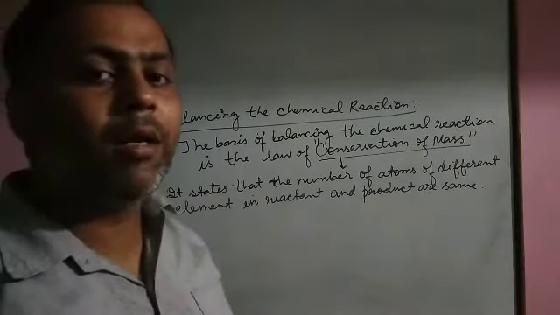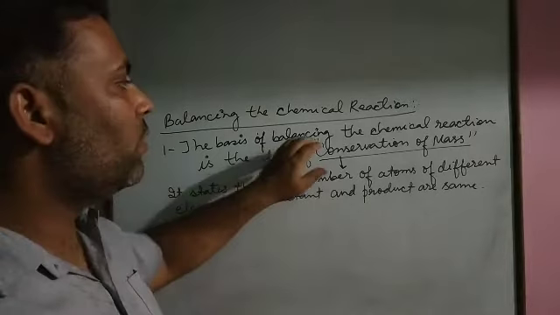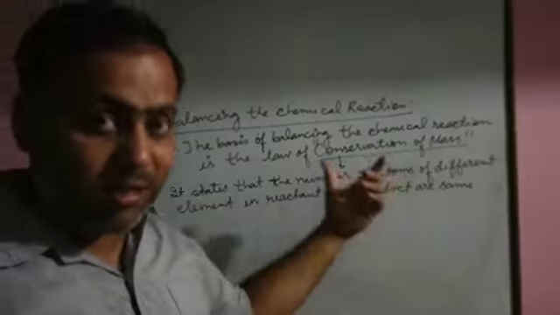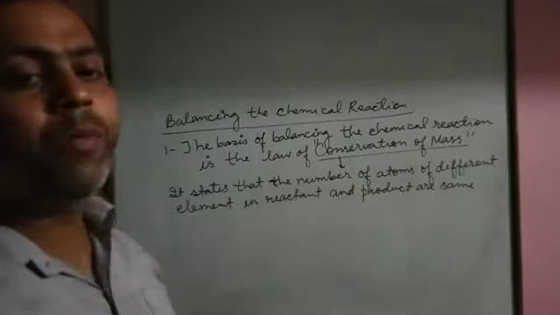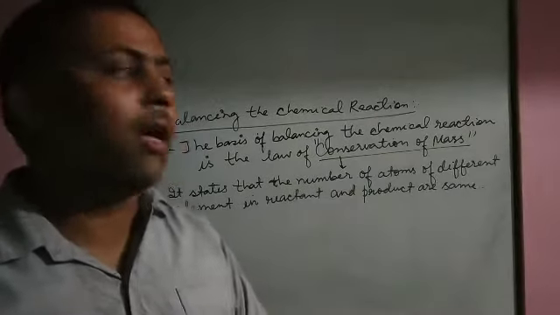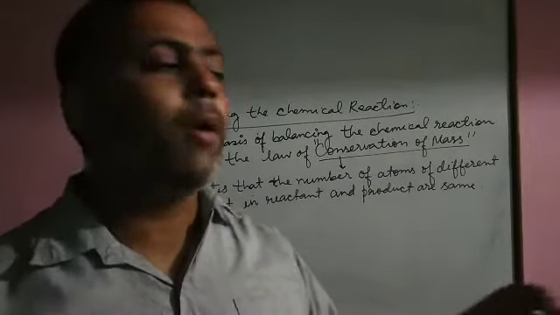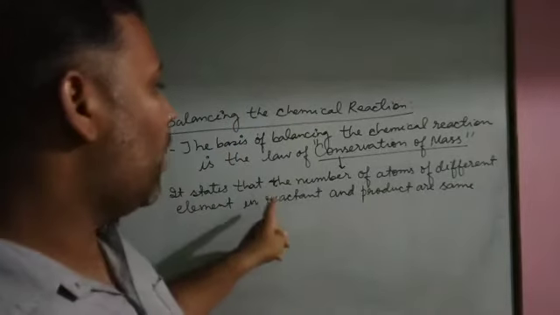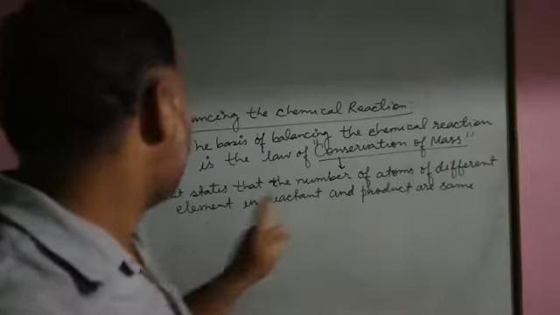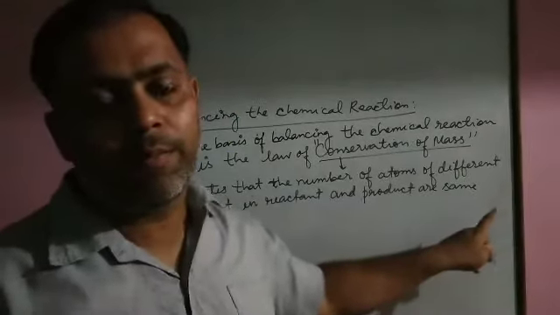Balancing the chemical reaction is totally based on the conservation of mass. It states that the atoms of different elements on the reactant side are equal to the atoms of different elements on the product side. Whatever the atoms of different elements in reactants, it is equal to the atoms of different elements in products.